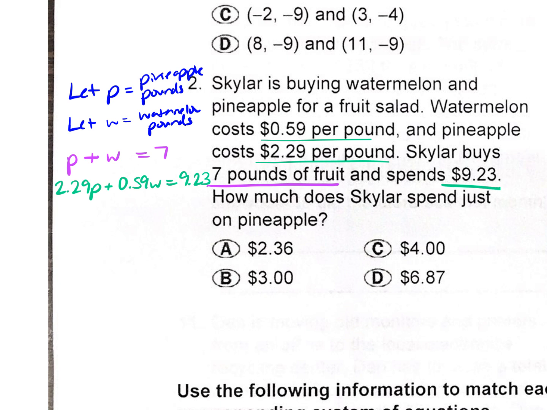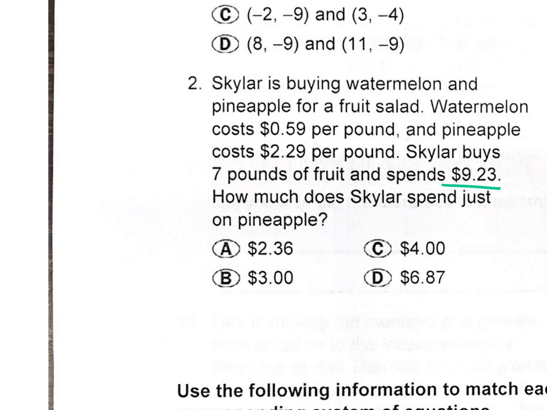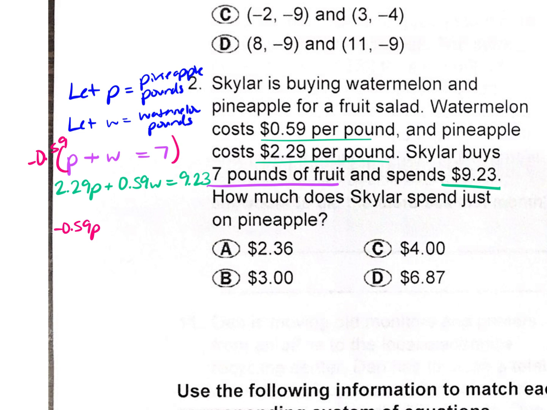So we can eliminate the w's. I'm going to multiply that top equation by negative 0.59. The result is negative 0.59p minus 0.59w equal negative 4.13. And the bottom equation stays the same.